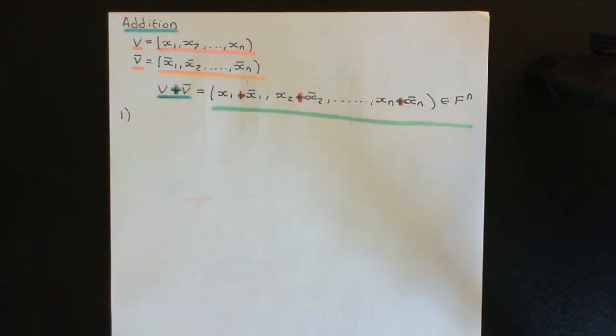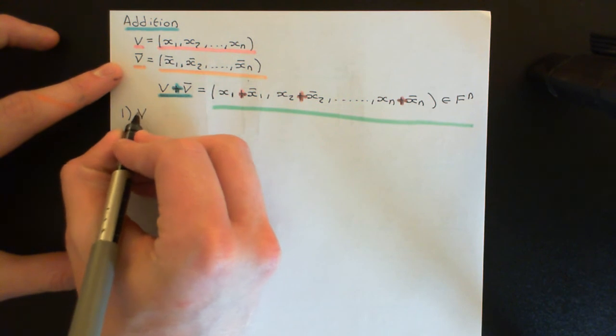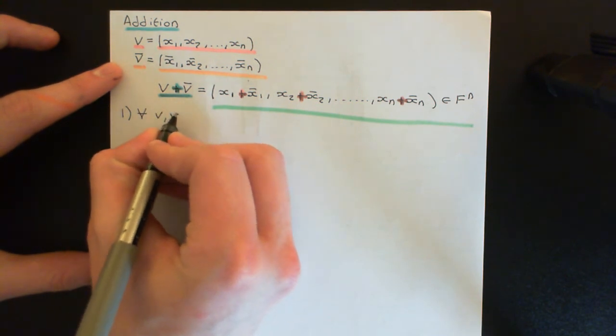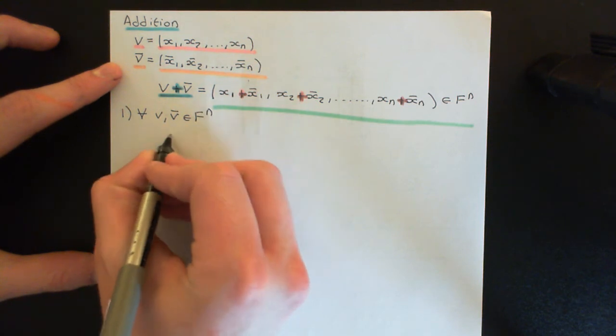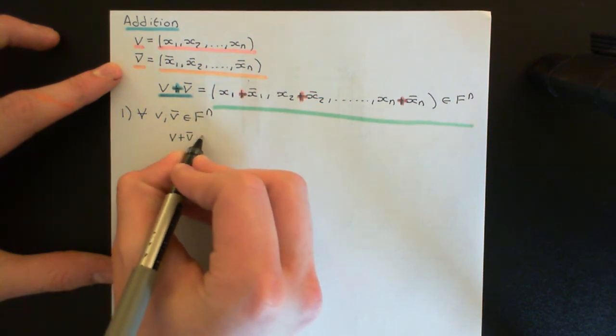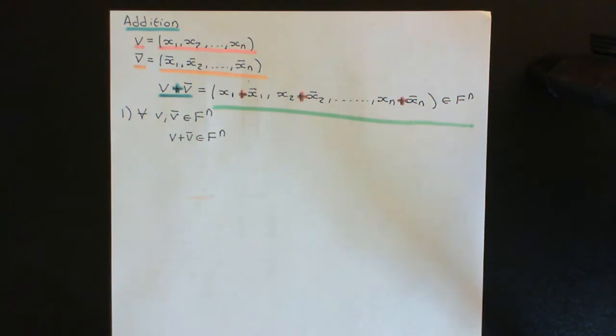Axiom number 1 is closure. That says that when we take any two vectors you like, v and v bar, from the vector space Fn, it must be the case that when you add them together, the answer is still an element of Fn. Well, I've just said that.